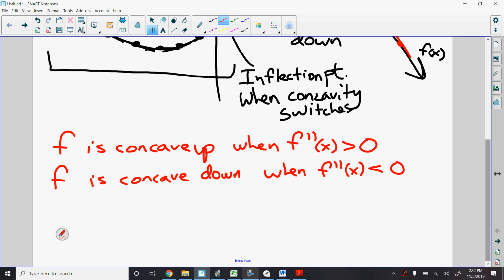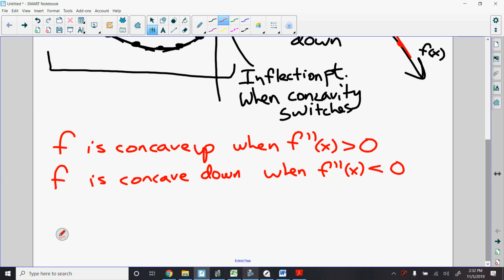So if you get questions about concavity, you need to get to the second derivative, and determining where that second derivative is positive or negative will tell you where your f graph is concave up or concave down. So concavity, I want you tying to the second derivative. The second derivative sign tells us the concavity of f.